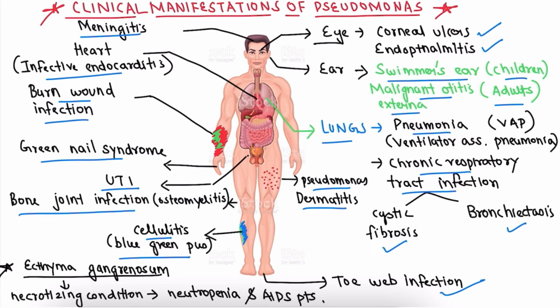And the last one is ecthyma gangrenosum. It is a necrotizing condition seen in neutropenia and AIDS patients. So if you try to memorize this image, everything would be covered in the aspect of clinical manifestation of Pseudomonas.